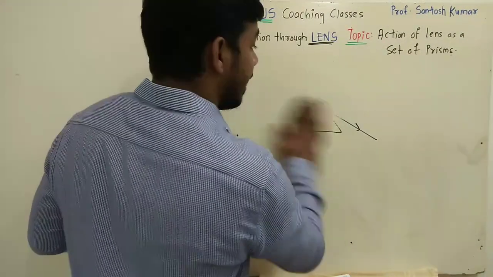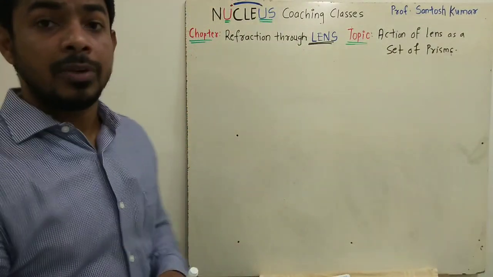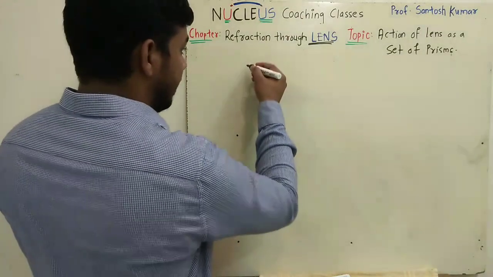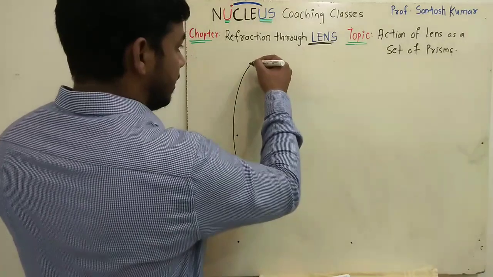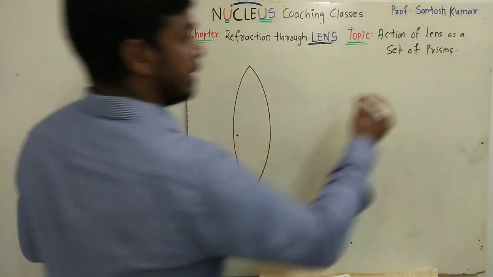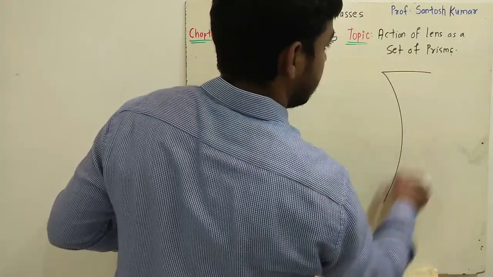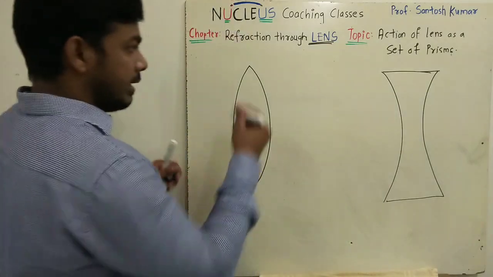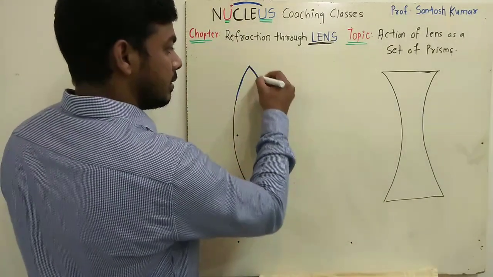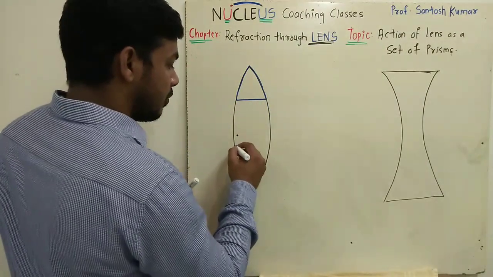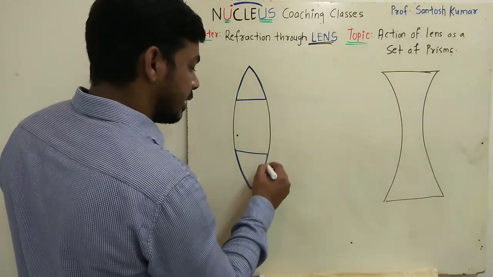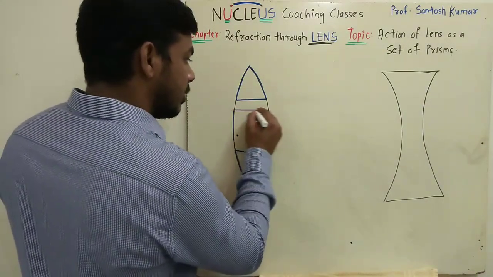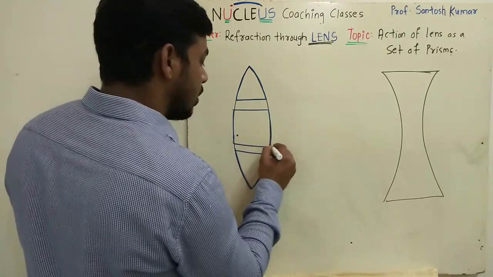Now I will tell you why convex lens converges a beam of ray and concave lens diverges a beam of ray. So let me tell you that if this is a convex lens and this is a concave lens, what I am doing over here is that I will take this lens to be made up of two prisms, one at the top and one at the base, and at the middle I will consider that a rectangular slab is present.